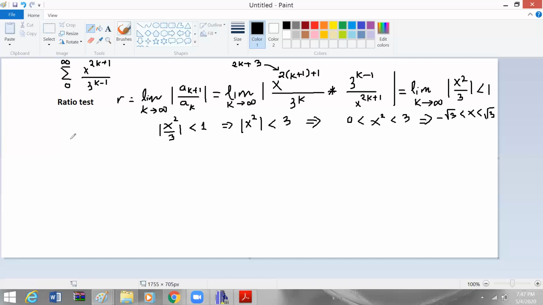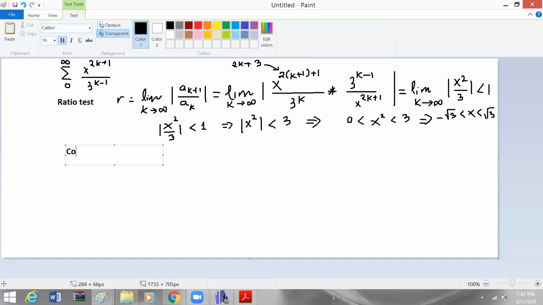And so after that, we're going to consider the endpoints for the series. So the endpoints are x equal to negative radical 3 and x equal to positive radical 3.